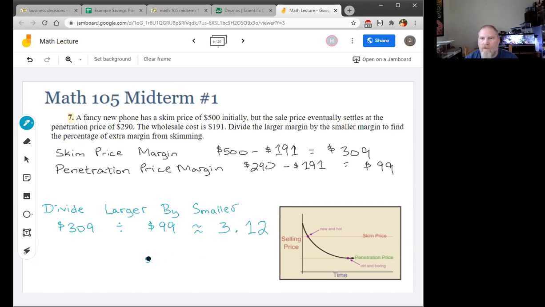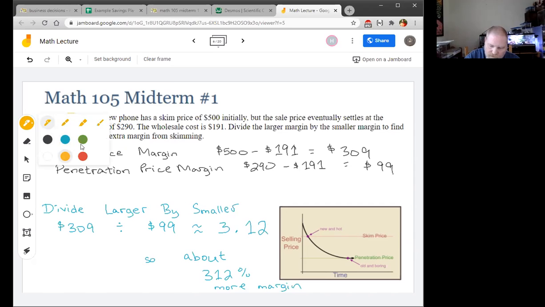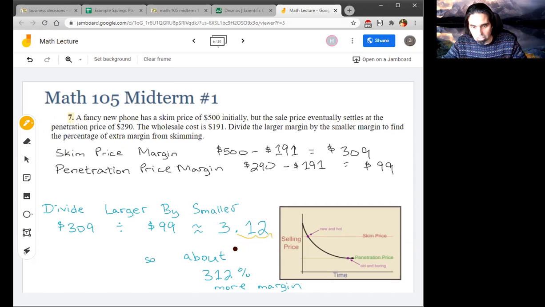Writing that into percent, they got 312% more margin initially than they did later.